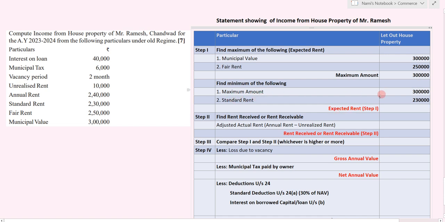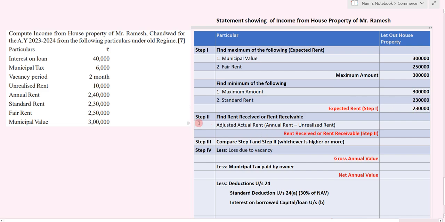The maximum amount is 3 lakhs, standard rent is 2 lakh 30,000. So standard rent, which is less, will be called the expected rent. So 2 lakh 30,000 is the expected rent. In the first step, we have got the expected rent as 2,30,000.